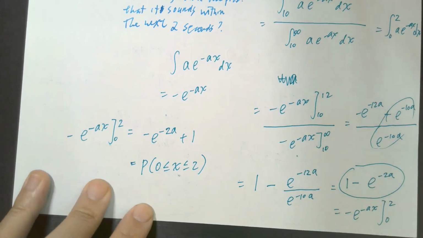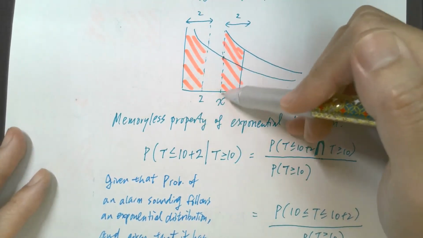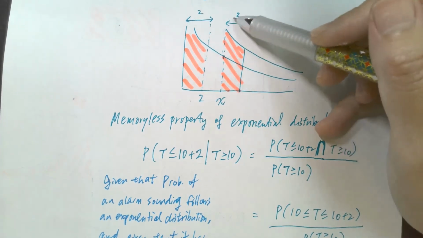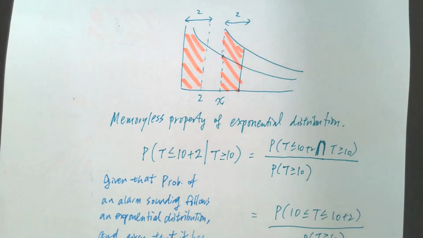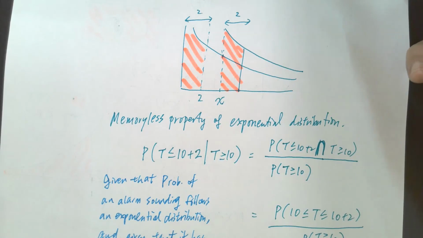So that's pretty cool, because this is really what this diagram is saying. It doesn't matter what this x is. In the end, if we want to know what's going to happen within 2 seconds, we just have to know the general case of happening from 0 to 2. It doesn't matter if you're asking about the probability of the alarm sounding, if we know it didn't sound in the first 500 seconds or in the first 10 seconds.